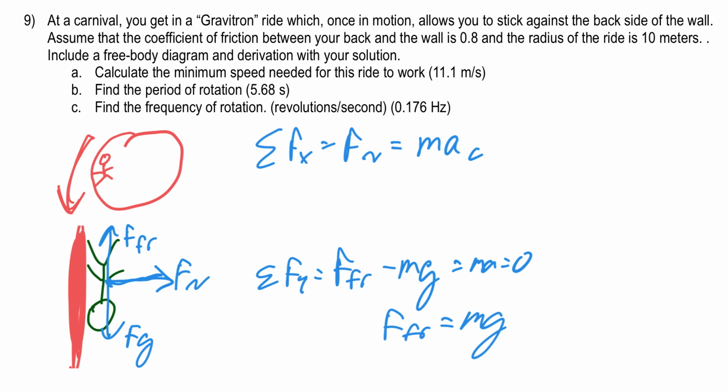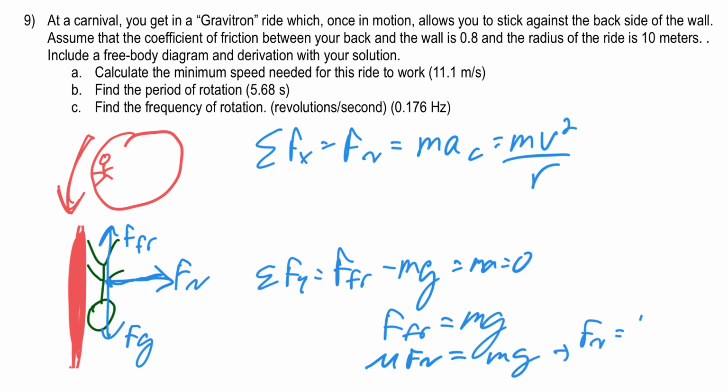So how much speed do we need? Well, if we're finding speed, we're going to go to mv squared over r. Now the normal force, we don't know the normal force. Or do we? Well, remember, friction is equal to mu times normal force, which equals mg. So we know the normal force should be equal to mg over mu.